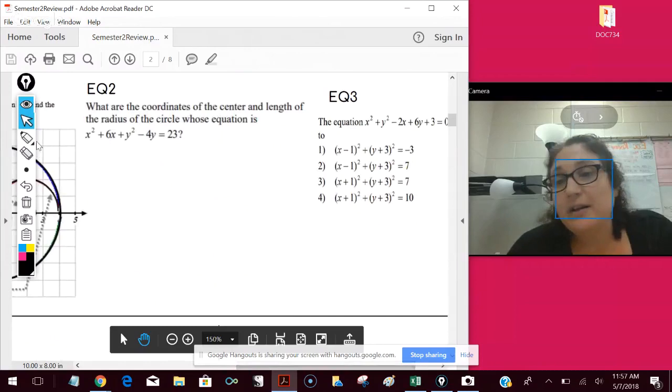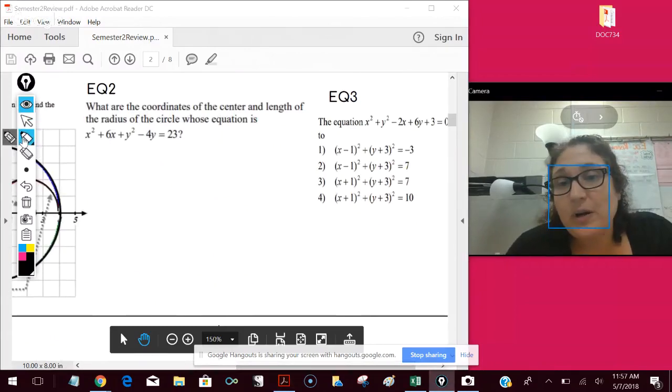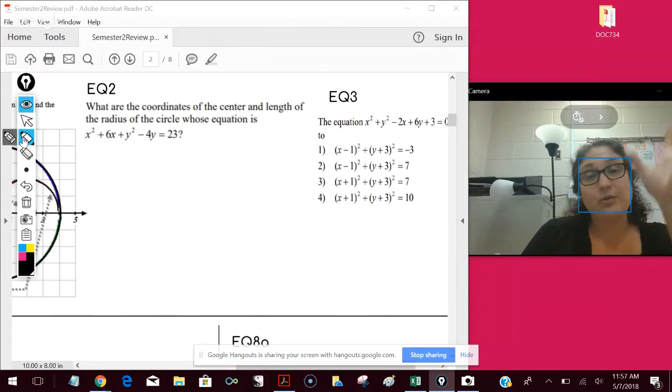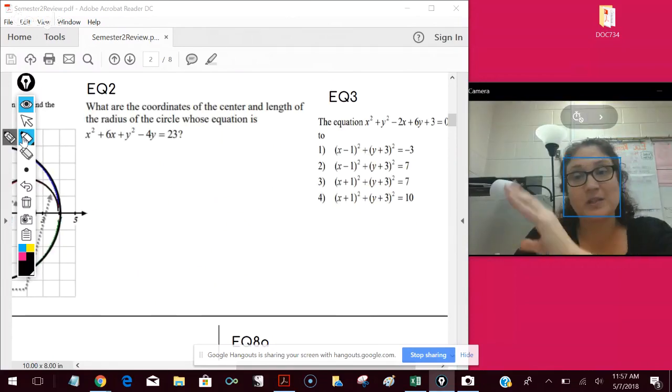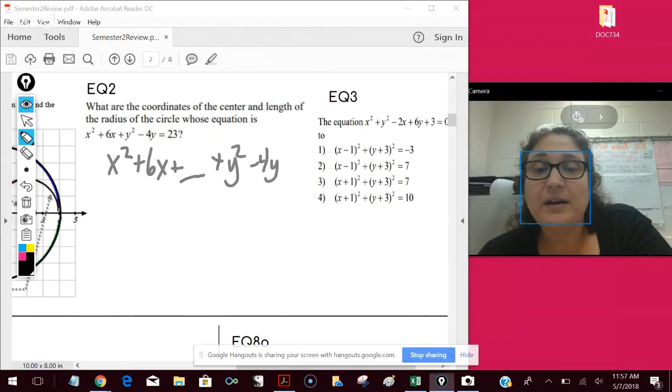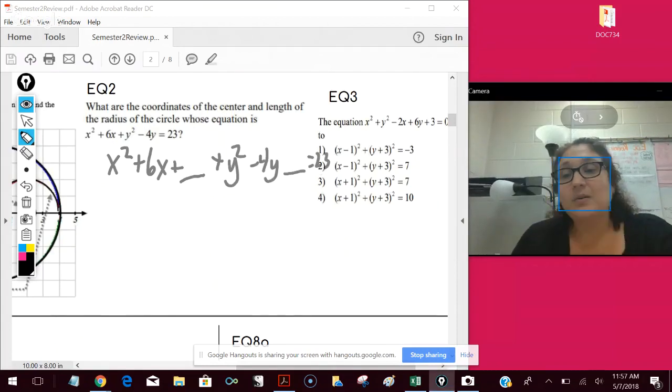The next equation, EQ2, says what are the coordinates of the center and length of the radius. Now, in this case, we're going to have to group the x, leave a space, group the y, leave a space. So I've got my x squared plus 6x. I'm going to leave that space. I've got plus y squared minus 4y, leave a space, and that 23 is already on the other side. So now I have to go down.